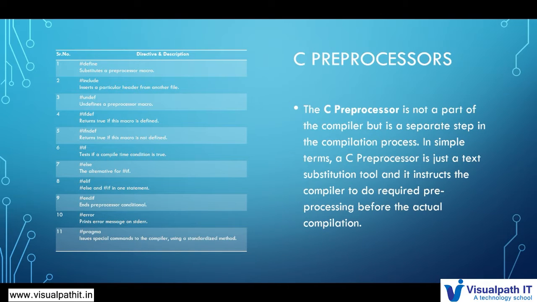We also saw different types of preprocessor, such as hash define. What it does is substitute a preprocessor macro. We wrote a preprocessor macro to add two numbers.